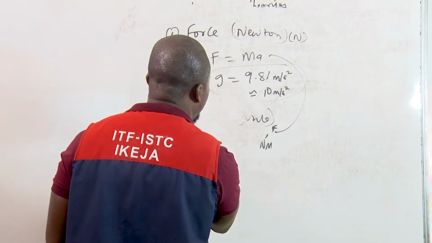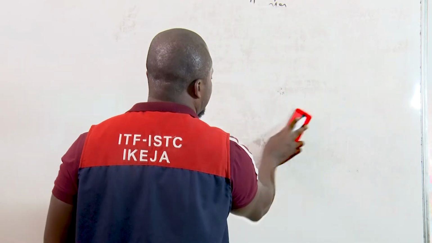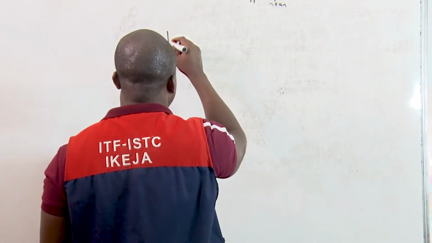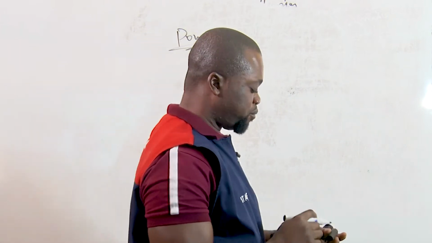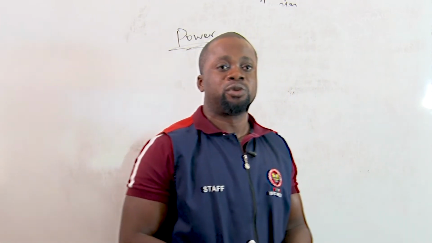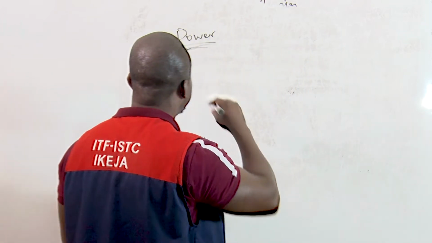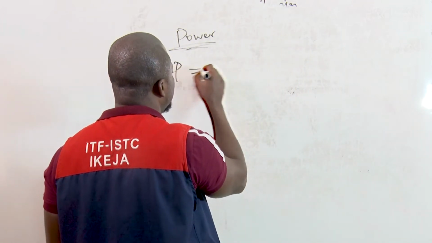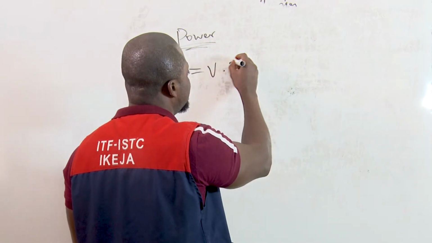Then we looked at power. All these work examples and exercises are in the material for you to carry out some work. Look at power. Power, basically, when we say power, the symbol is what? P. Power is what? Voltage times what?